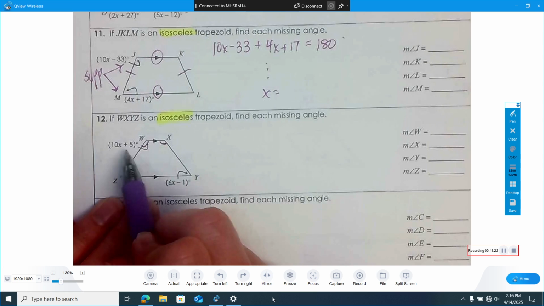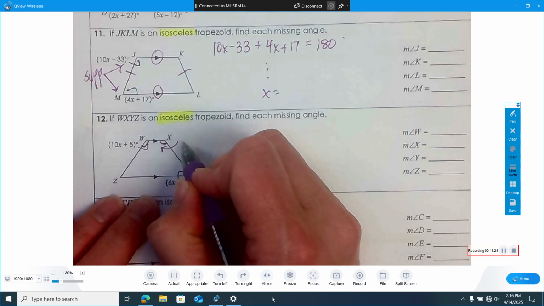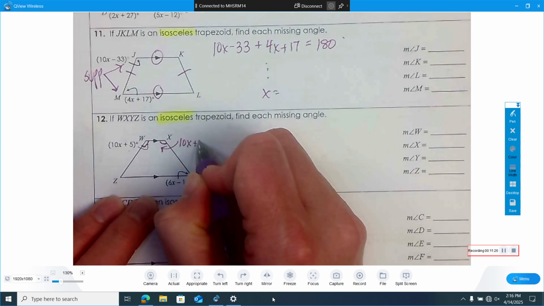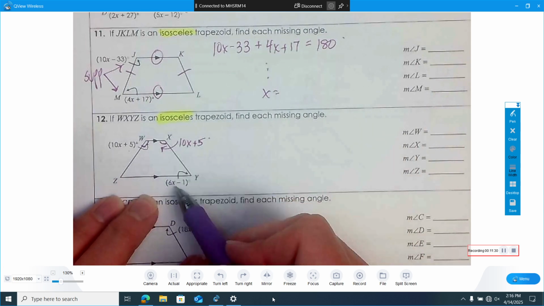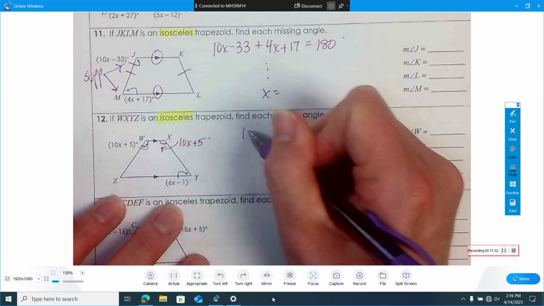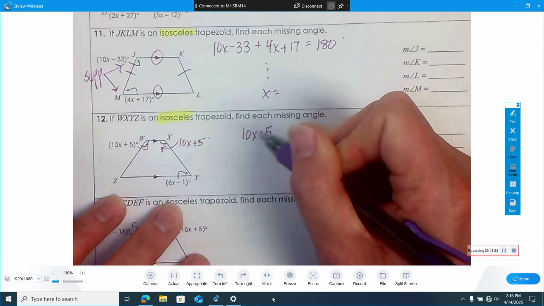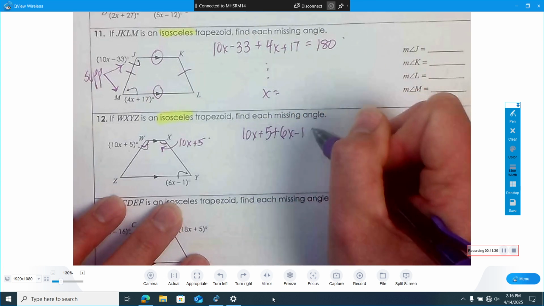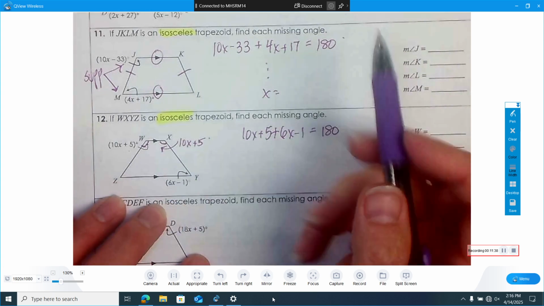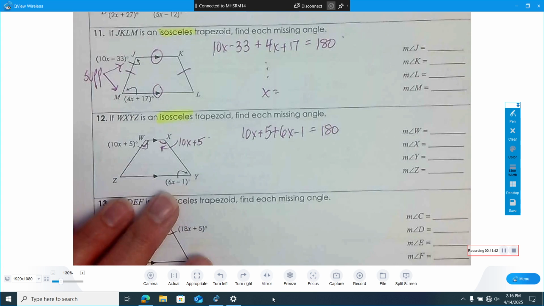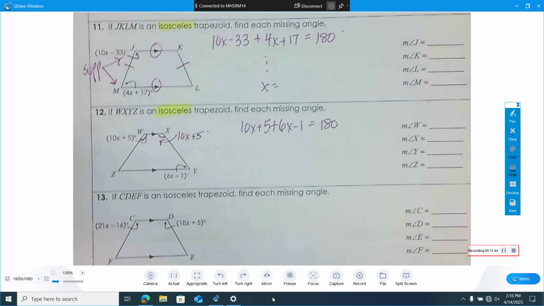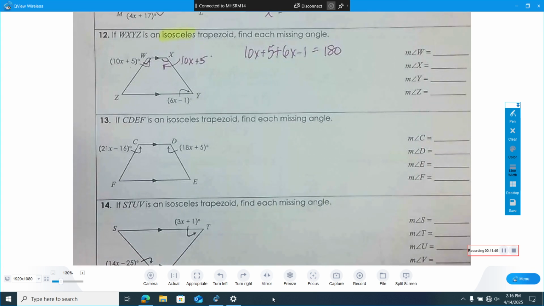So if W is 10x plus 5, then X is also 10x plus 5 degrees, which means? Good. 10x plus 5 plus 6x minus 1 also equals 180. Those angles are between the parallel lines. They are supplementary. Last one, well, not last one, 13.